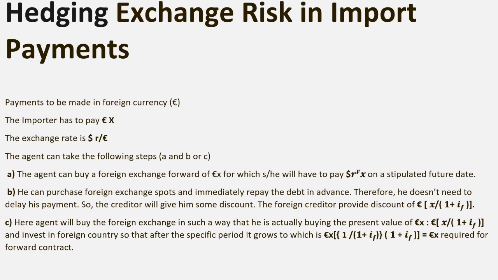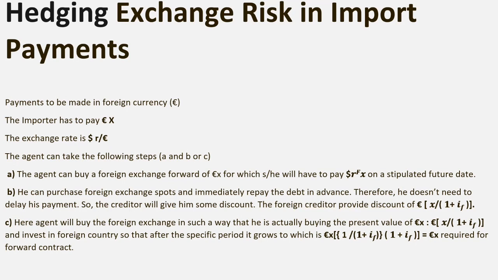You will learn hedging exchange risk in the case of import payments. Suppose payments are to be made in the foreign currency euro. The importer has to pay euro X. The exchange rate is dollar R per euro. The agent can take the following steps.